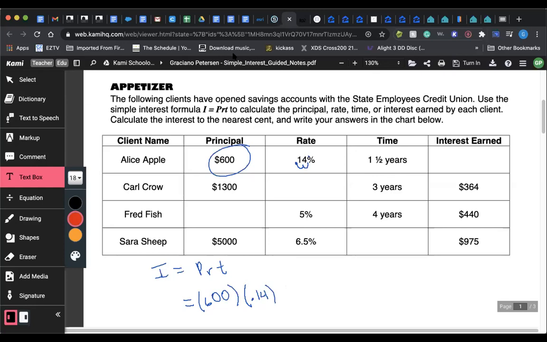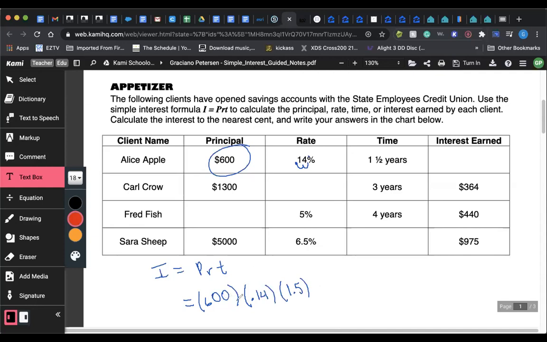All right, somebody told me in the chat. Good. Yes, 1.5 or 1.50. I don't necessarily need the 0 at the end, because it's the same whether I write 1.5 or 1.50. Right, good. 1.5 is going to be my time.